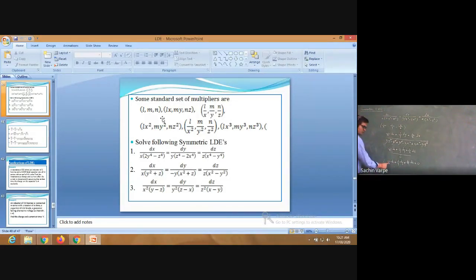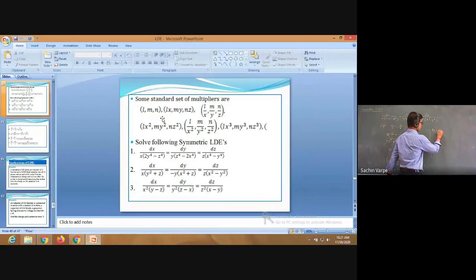So what is the solution there? The integration of 1 by x, I am directly writing here, integration of this plus constant of integration c1. So here it is log x plus log y plus 2 log z is equal to log of c1. Now we merge the logs, therefore log of xy z square.